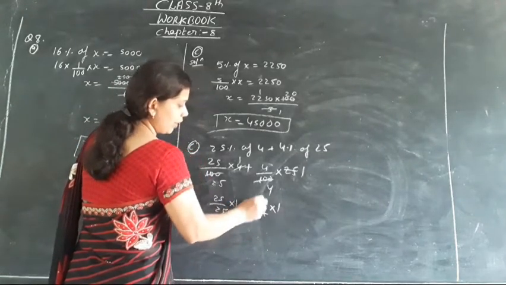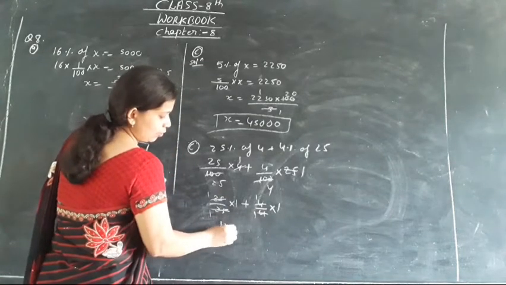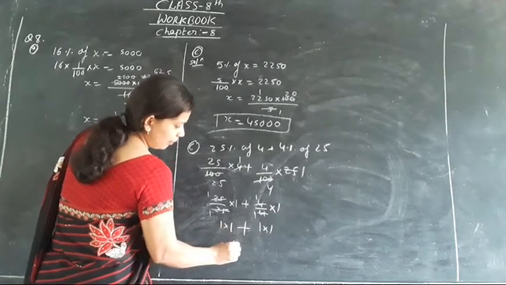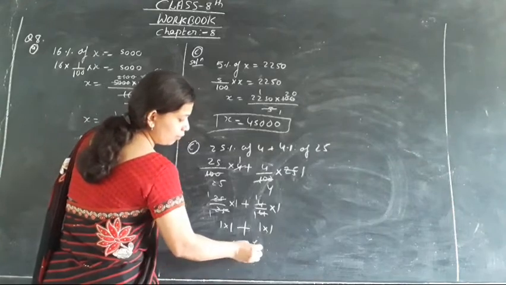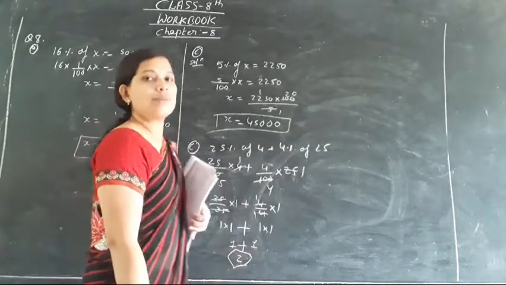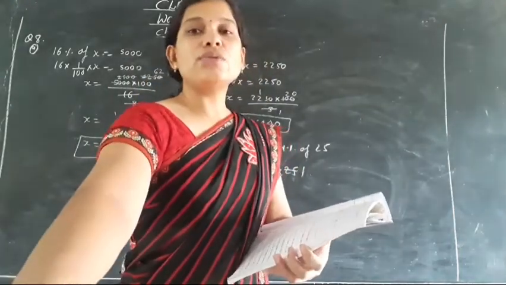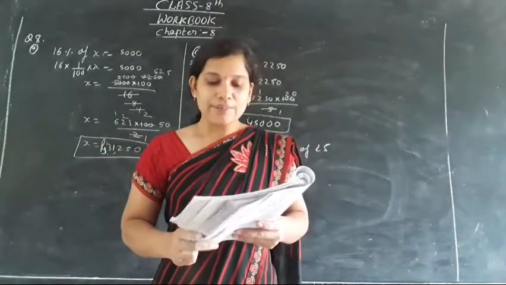So 4 will get cancelled, 25 will get cancelled. So 1 into 1 plus 1 into 1, that will be 1 plus 1 equals 2. So this answer 2 will come in the filler. Clear? So in this way you have to solve each and every part. Hope you people understood.